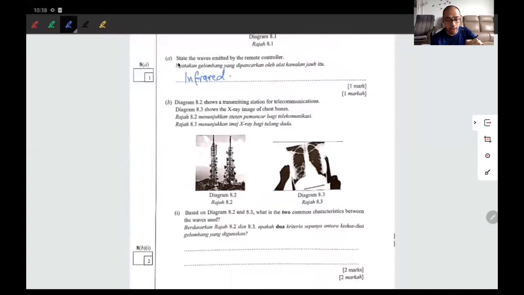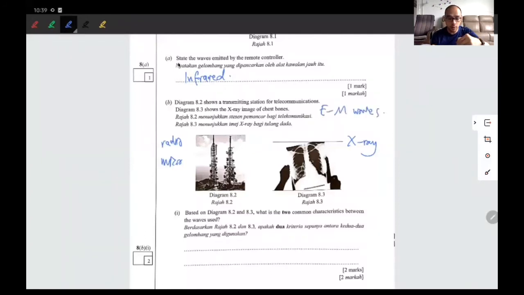Based on 8.2 and 8.3, what are the two common characteristics between the waves used? Telecommunication is either radio wave or microwave. This is obviously X-ray, but all of these come under the same family of waves, the electromagnetic waves.